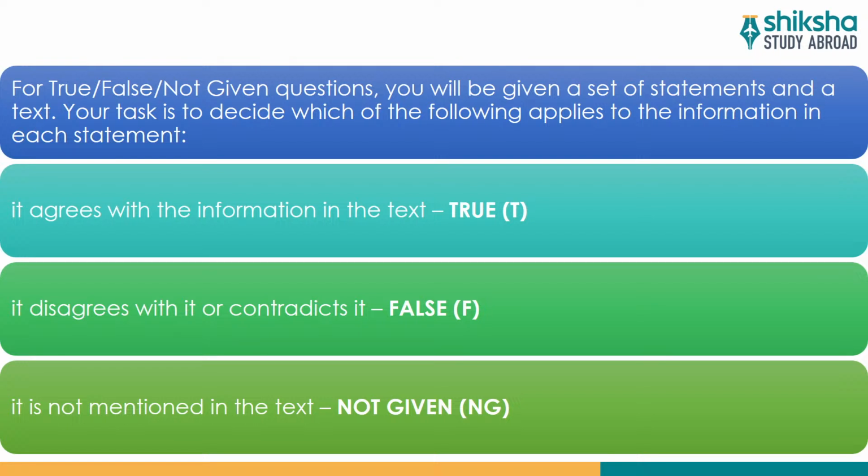So for today, we are starting with true, false, not given. Let's read about it first, and I'll provide you with some important strategies and tips. Then we'll move on to the sample questions. I'll show you at least one or two question types from the true, false, not given category, and how they look. Everything we'll be talking about revolves around these kinds of questions.